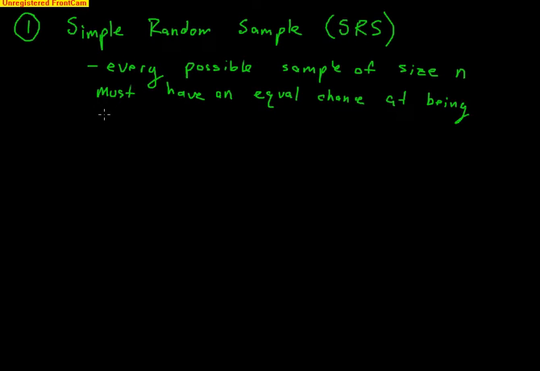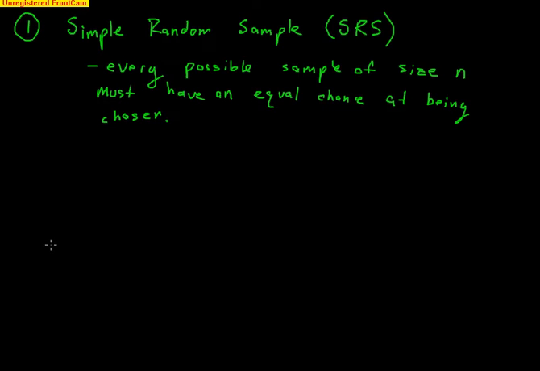Now let's talk about this for a minute. A lot of students misinterpret this definition and they think that every person needs to have an equal chance of being chosen. And that is not true. That is true with this idea that every possible sample of size n must have an equal chance of being chosen.